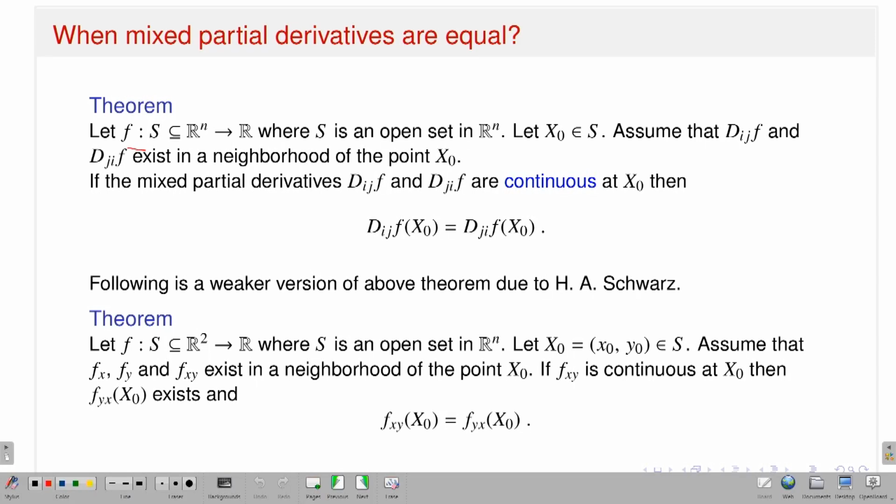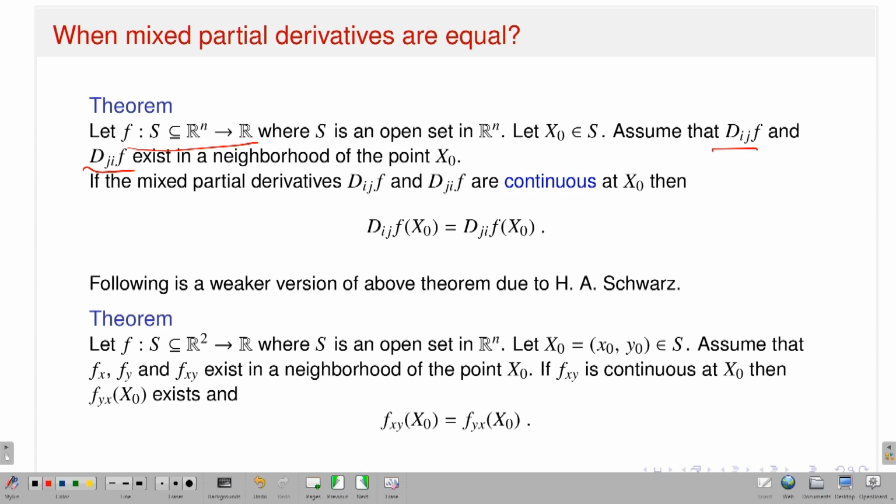If I have a function f from some open subset S of Rn to R and take x naught to be a point in S, then suppose dij and dji, which are called mixed partial derivatives or second order derivatives, exist in a neighborhood of the point x naught.